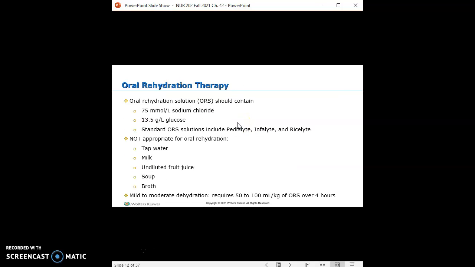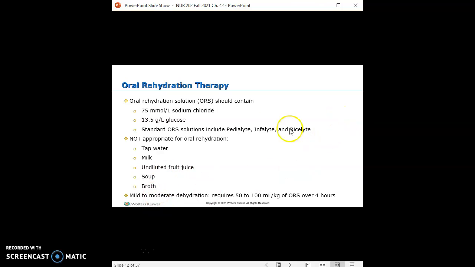So when I say hydration is one of the first areas, oral rehydration, typical Pedialyte, Infalyte, Rehydralyte. Things that are not to be used for oral rehydration would be tap water, milk, undiluted fruit juice, so very sugary, soup or broth.